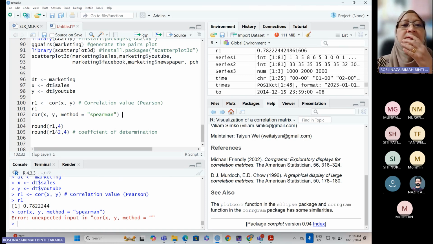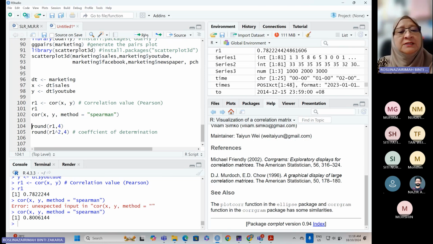Hopefully it works. So it is a bit different because Spearman is non-parametric. The correlation is based on non-parametric. But still it is strong positive, isn't it? 0.8.